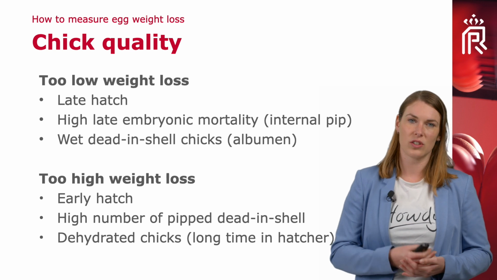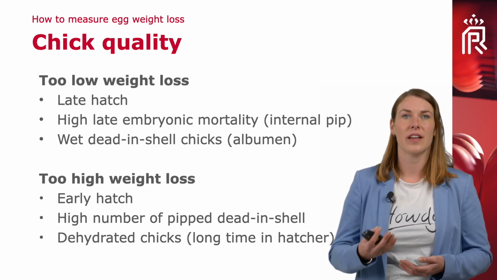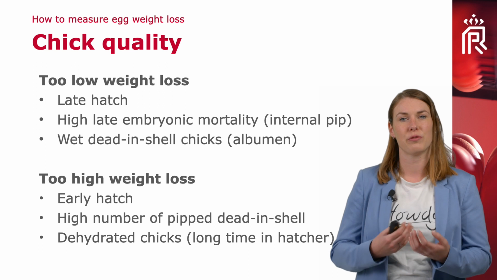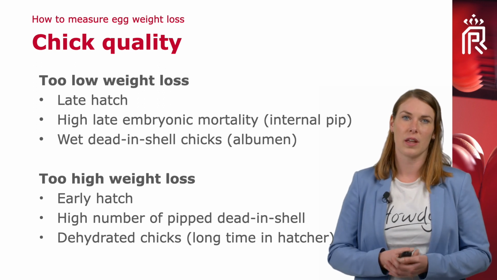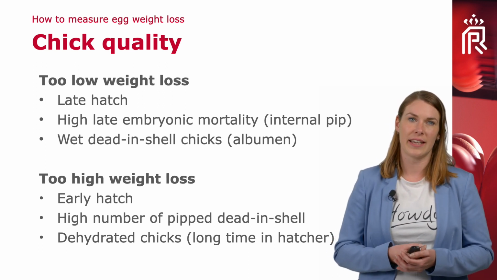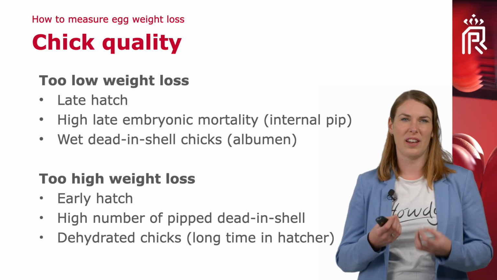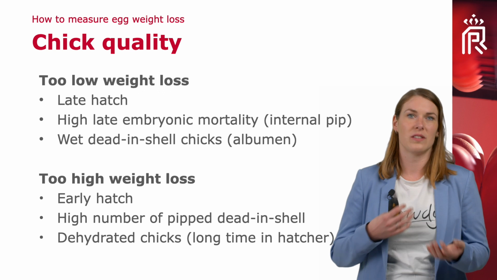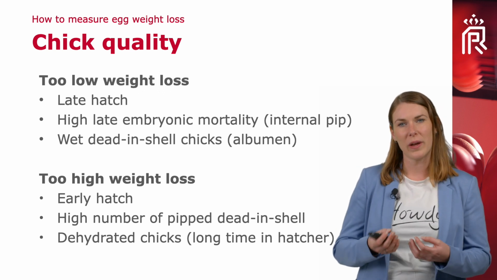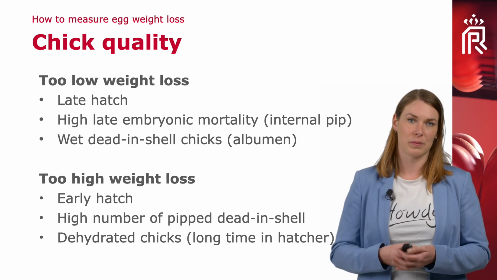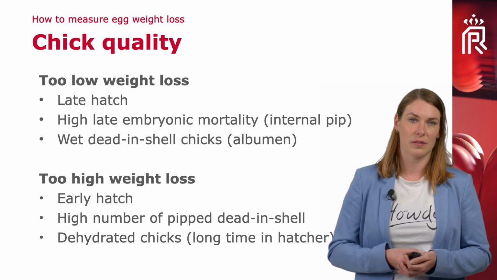So these chicks would hatch later on, and so these chicks would actually be quite fresh at pulling time. We also see a high late embryonic mortality, and these chicks often show wet, so wet dead-in-shell chicks. This wetness comes from the albumin that hasn't evaporated yet.